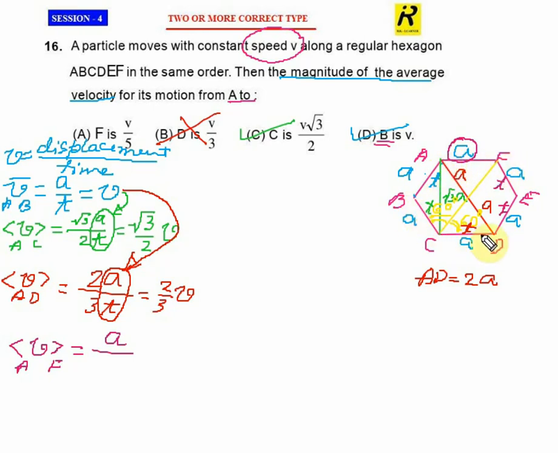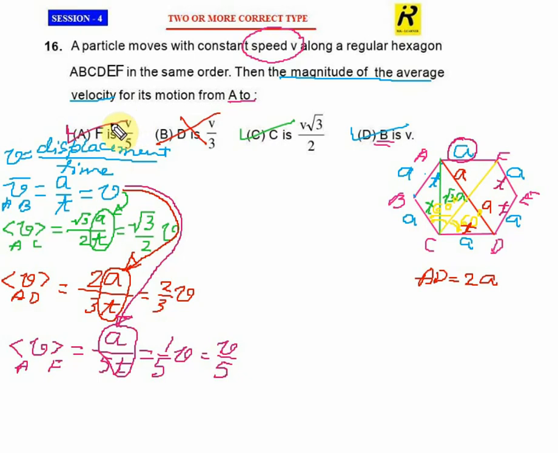So 5t should be taken as the total time interval for this calculation. So this equals 1 divided by 5 multiplied by A divided by t, which is V, otherwise I may say it is V divided by 5. So the average velocity between A and F is V divided by 5. This is correctly said in this option.